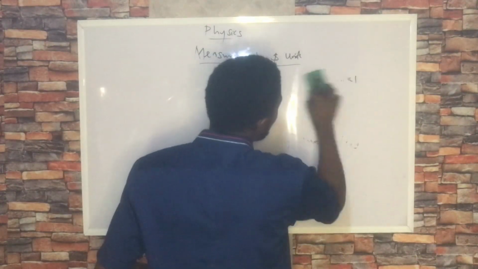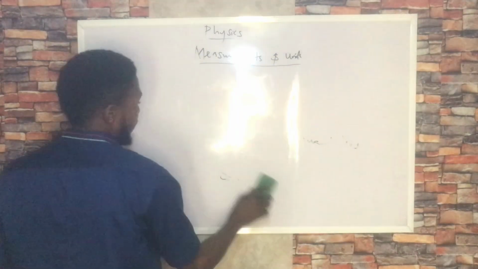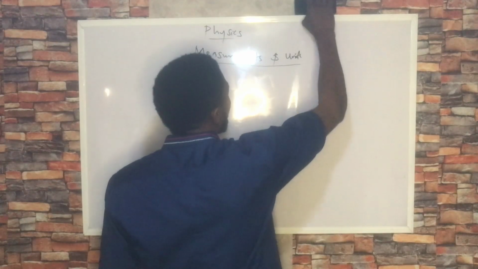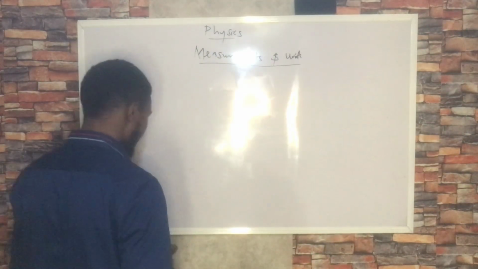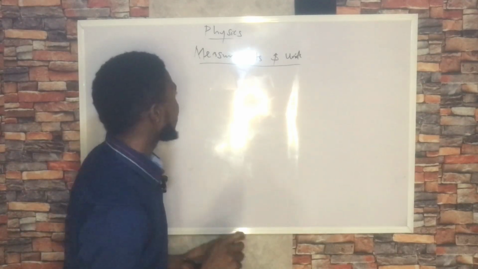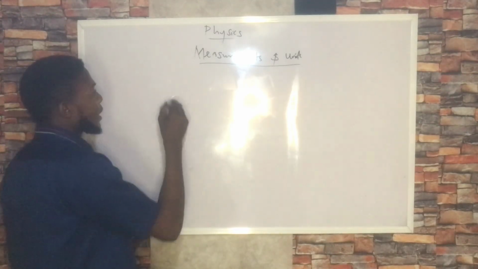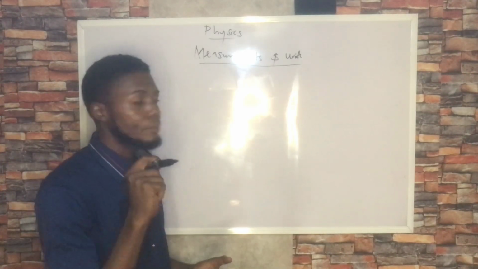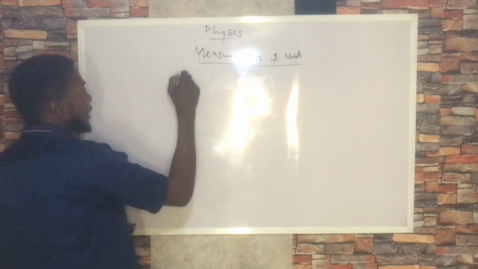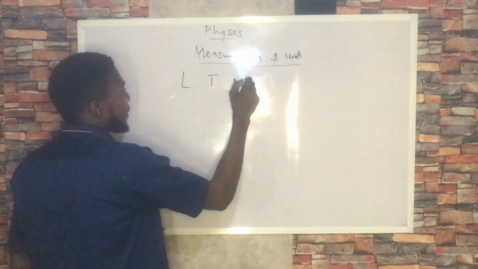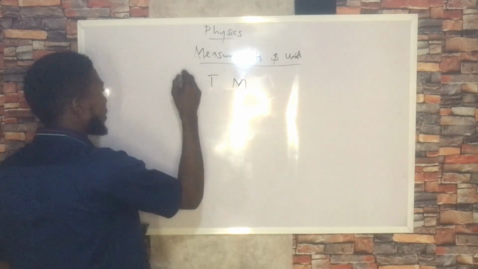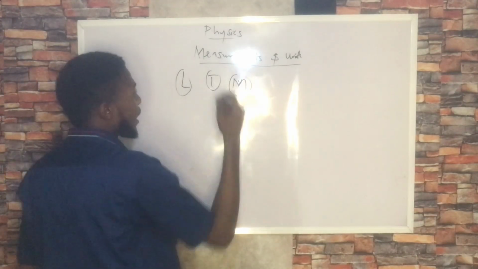Alright, I hope you guys are following me. Before we get directly into dimension and dimensional analysis, we have three key quantities in physics that are useful in the analysis of all these other quantities. They are simply length, time, and mass.